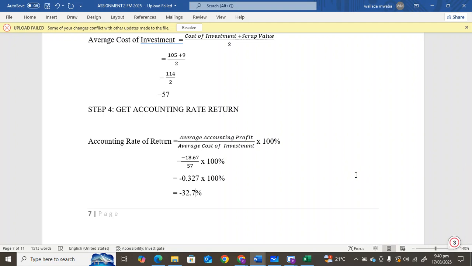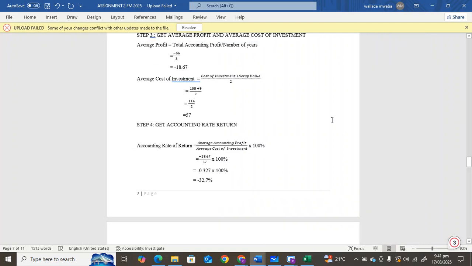Average accounting profit, just know you're getting the averages. Average cost of investment, always remember you're dividing by 2. Do not make a mistake and put a different number, say the number of years. No. Cost of investment plus scrap value. So basically you have to know 3 equations for this. You need to master them.